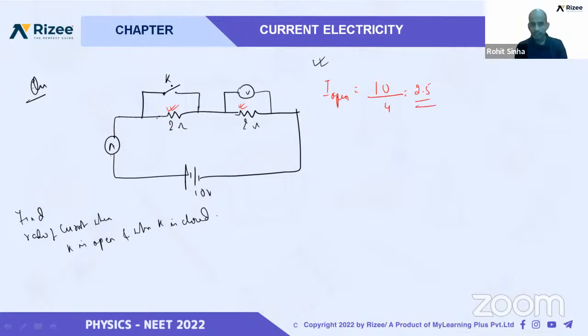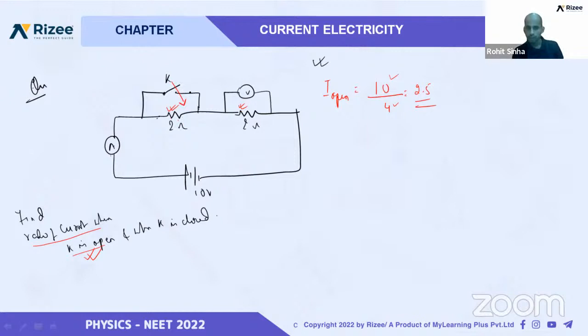In second case, you should close. It is asking what will be the ratio of current when K is open. For K open, both are effective, both are working. When both are working, we will get I open is equal to total voltage by total resistance. Now, when K is closed, second part, what we will get?